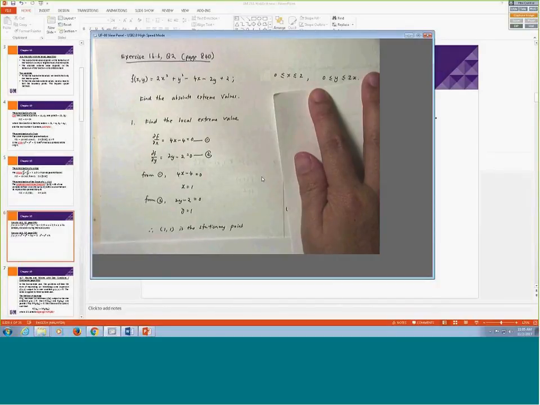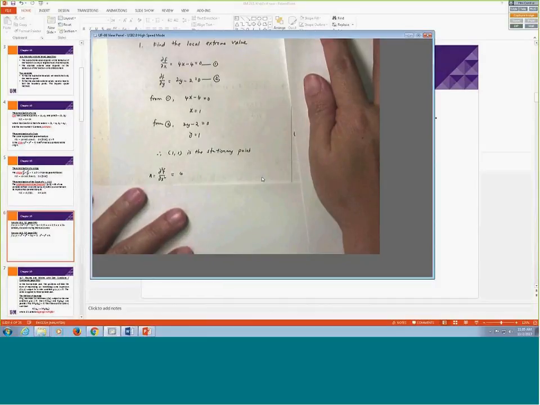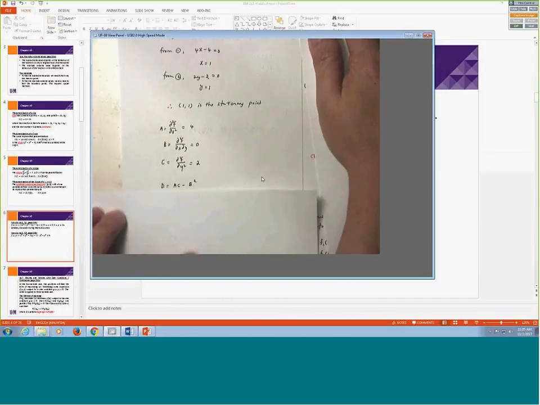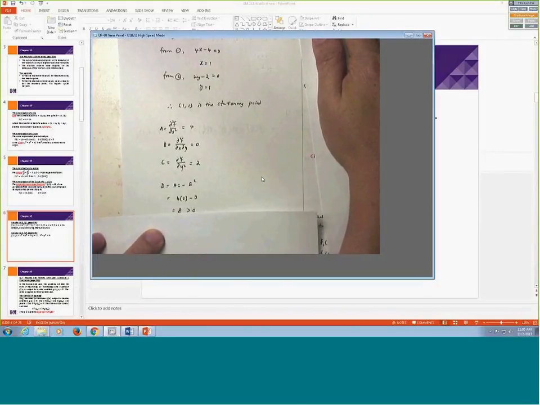And for this stationary point, you need to determine whether it's a local maximum, local minimum or saddle point by using the second partial test. You find the second derivatives A, B, and C. Then using the formula D equals AC minus B squared, D here is equal to 8. Its value is greater than 0.